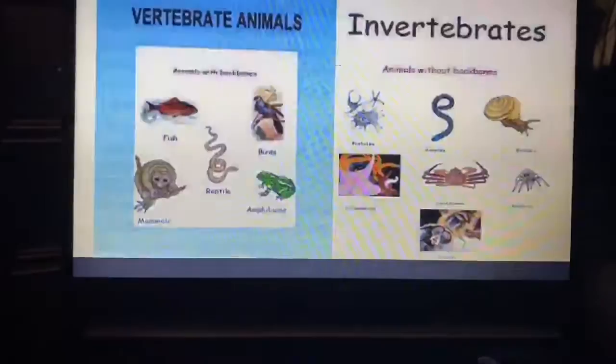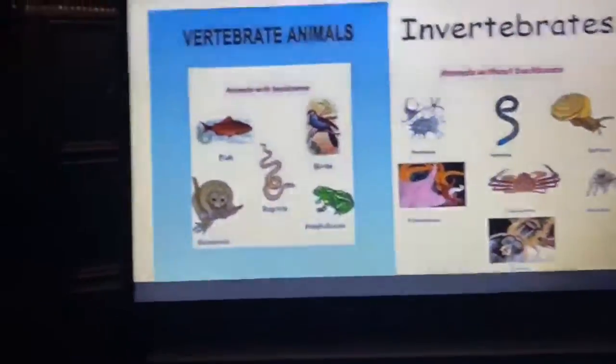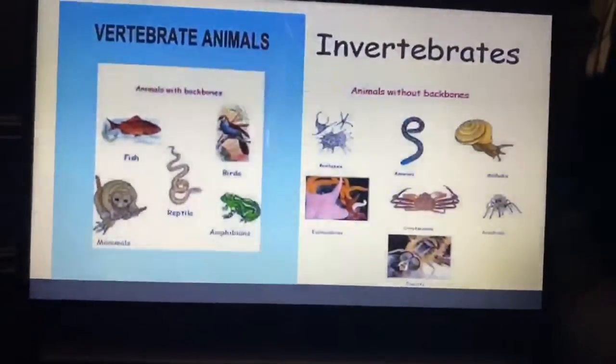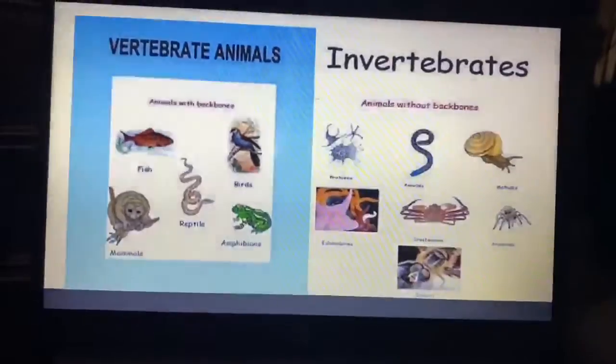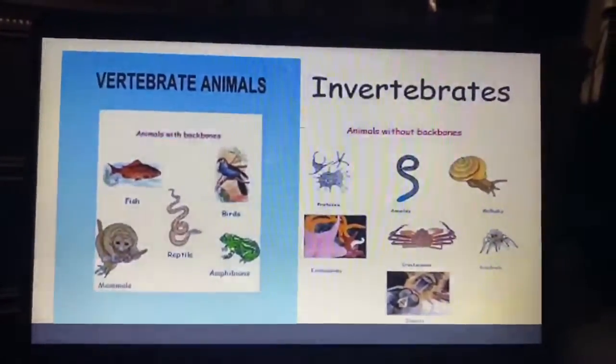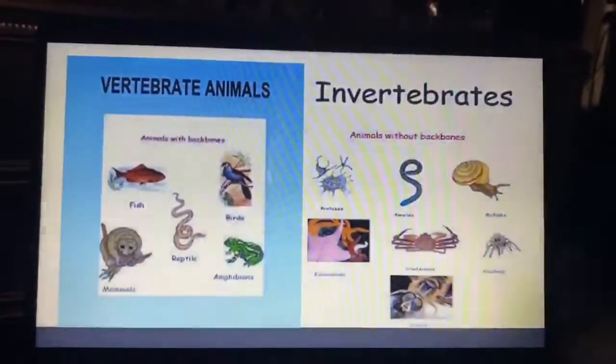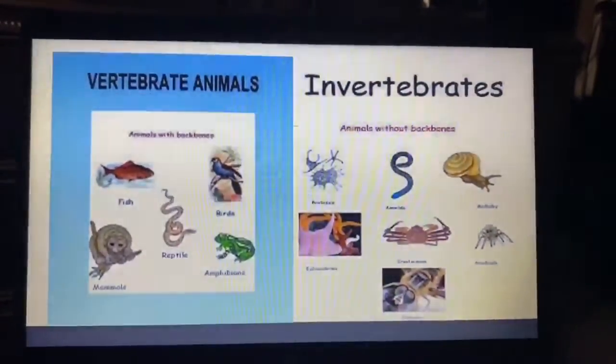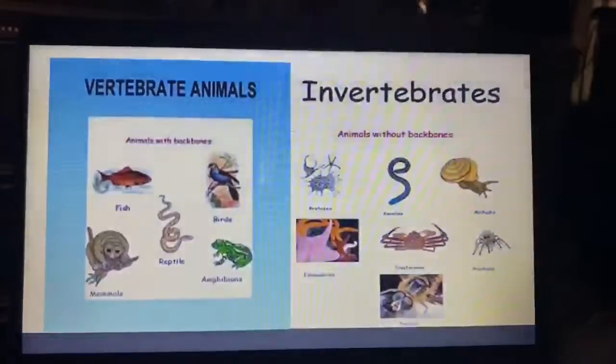Let's move right along. So, vertebrates and invertebrates. Looking at this picture, can any one of you boys and girls tell me what is the difference between a vertebrate and an invertebrate? Okay, a vertebrate animal has a backbone.